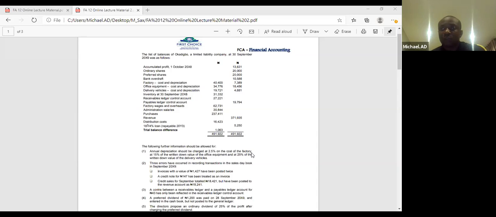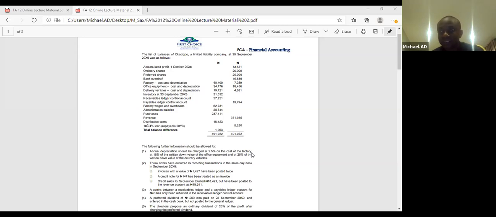The list of balances of Okidagbo, a limited liability company, at 30 September 20X9 was as follows: accumulated profits at 1st October 20X8, ordinary shares, preferred shares, bank overdraft, factory cost and depreciation, office equipment cost and depreciation, delivery vehicles cost and depreciation, inventories, receivables ledger control account, payables ledger control account, factory wages and overhead, administration salary, purchases, revenue, distribution cost, and an 18.75% loan payable in 20Y3.